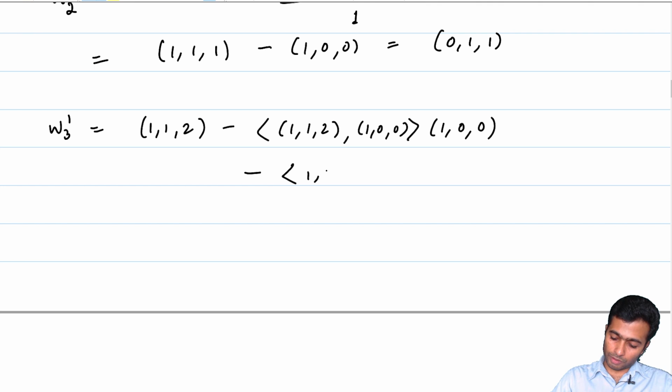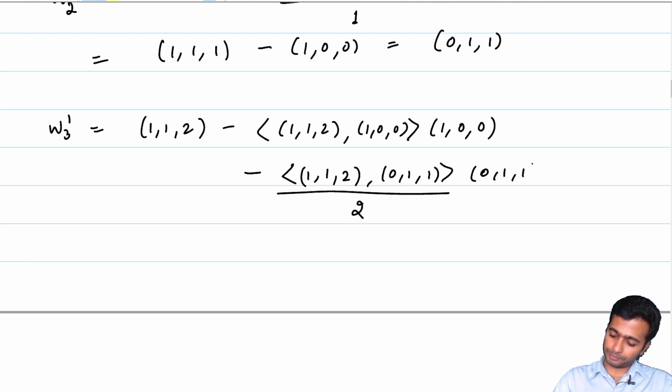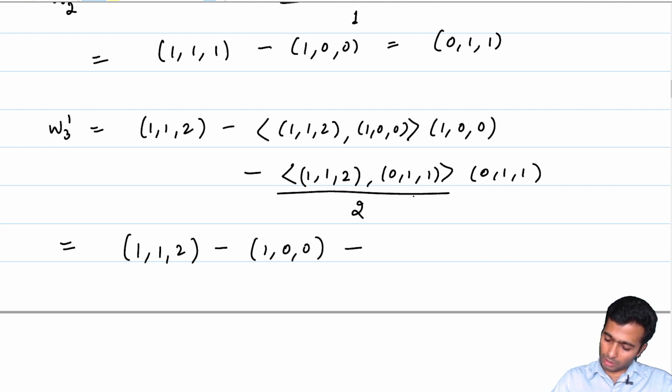minus the inner product of 1, 1, 2 with 0, 1, 1 by the length of W2 prime squared, which is 2, times 0, 1, 1. So this is just 1, 1, 2 minus 1 times 1, 0, 0, minus 1 plus 2 is 3 by 2, times 0, 1, 1.